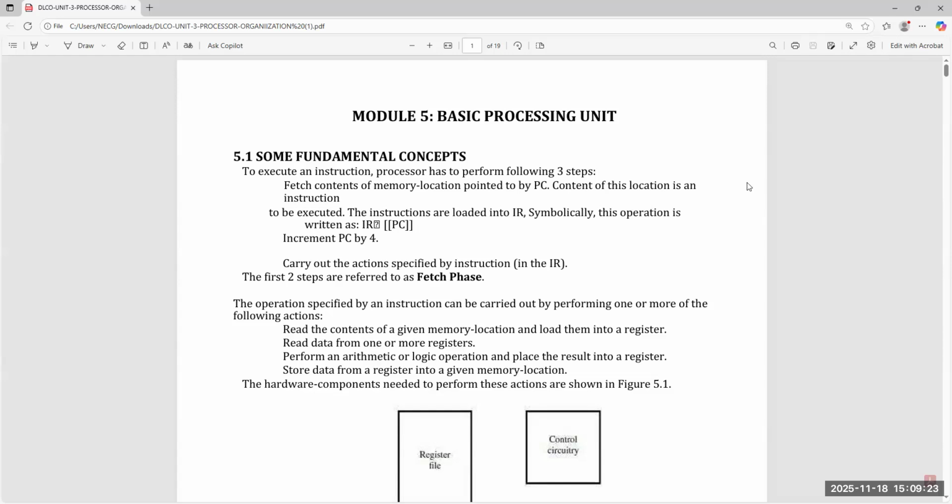After completion of that operation, the result is generated. That generated result is stored into a register. Finally, once the result is stored into a register, we can store the data from the register into a given memory location.